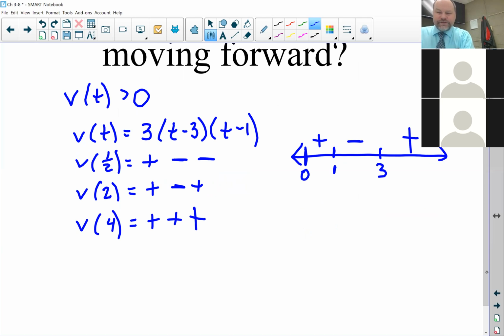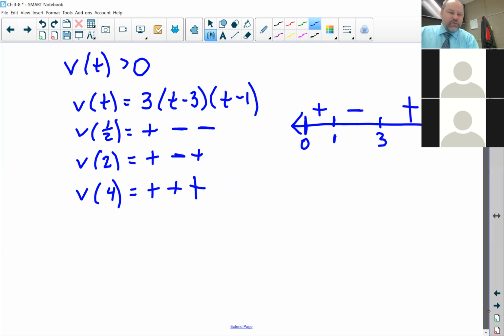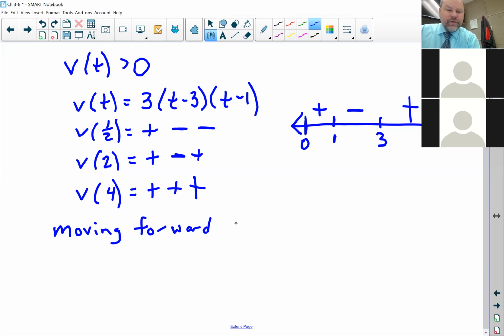So in this case, the particle is moving forward on the interval from 0 to 1, also on the interval from 3 to infinity.